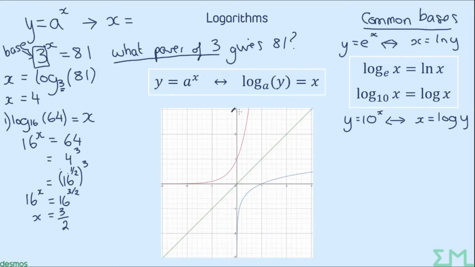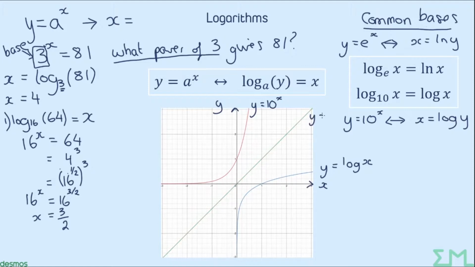So we label my axes. The red graph is y equals 10 to the x. I thought I'd go with that common base 10. And then the blue graph would be y equals log x. Remember, I don't need to put the base 10 because if there's no base written next to the log, then it is base 10.